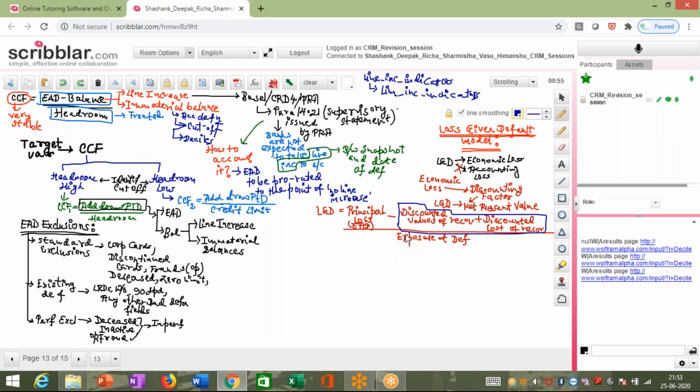What we want to identify is the expected net recovery by EAD.